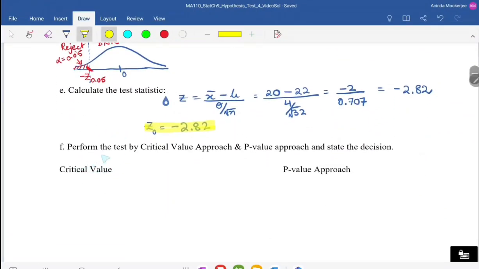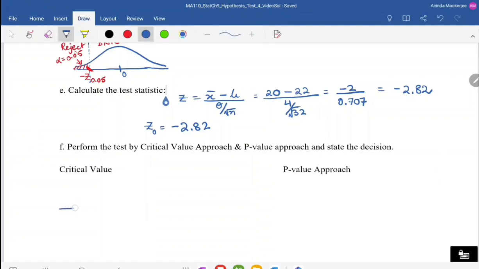Now, in the next step, we have to perform the test by these approaches. For the critical value approach, we first have to find what the critical value is, but always start off with a diagram. The critical value diagram is going to be whatever we drew earlier, but I'm going to repeat the drawing one more time.